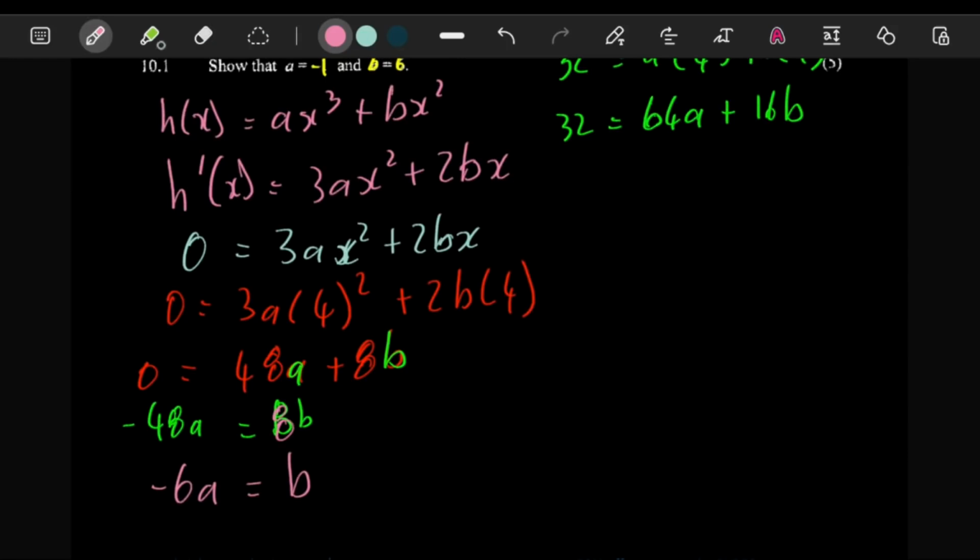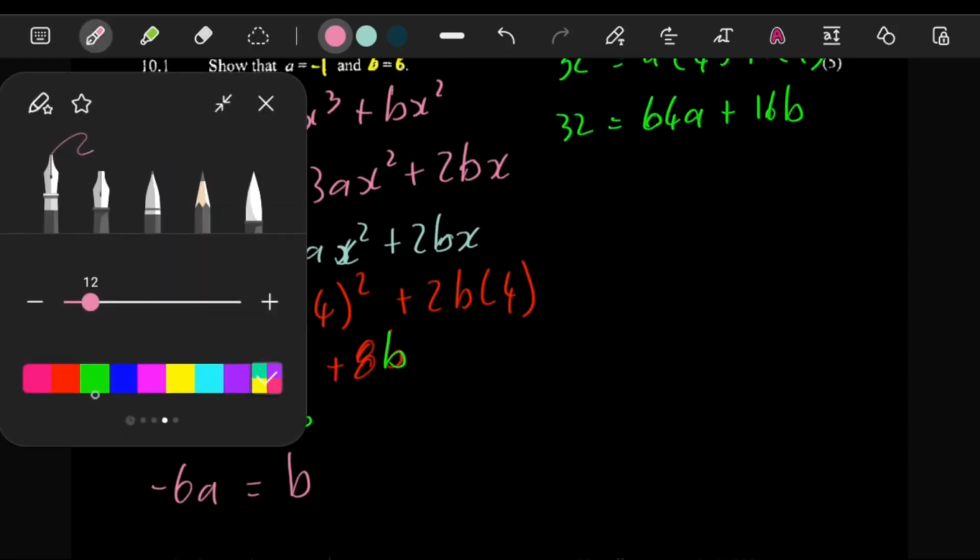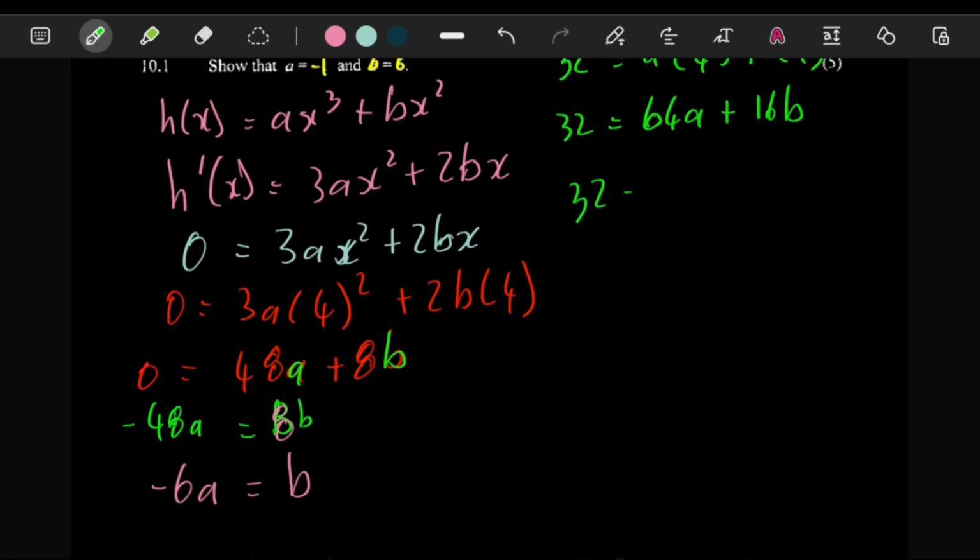Now we can throw b in there. Let us carry on. 32 is equal to 64a plus 16 times b, and b here is negative 6a. So 32 is equal to 64a, and then 16 times negative 6 is negative 96.